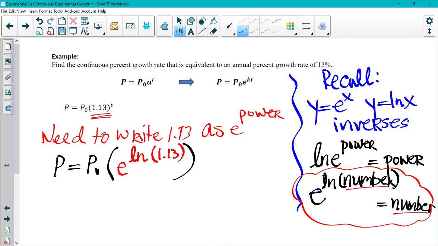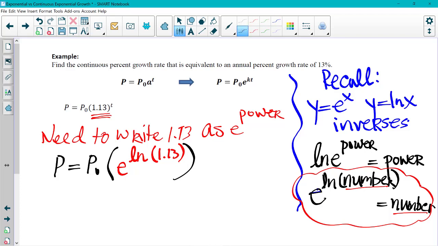If you put e to the natural log of 1.13 in your calculator, you should get 1.13 back. They are inverses. Raising e to a power and then taking the natural log, one undoes the other.